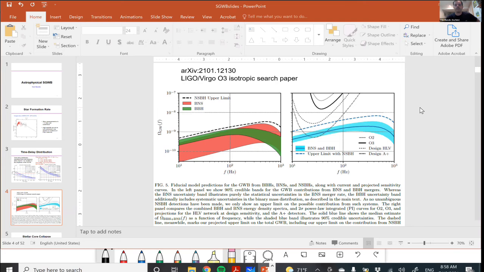Kaushik is asking, what can we say for a more complicated probability distribution for the time delay, other than a power law time delay model? Yeah, that's another good question.